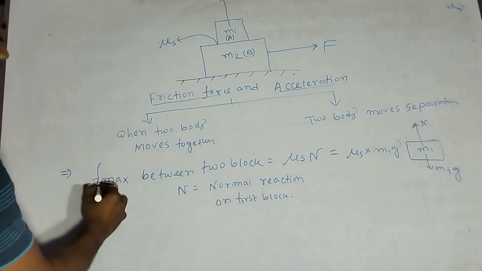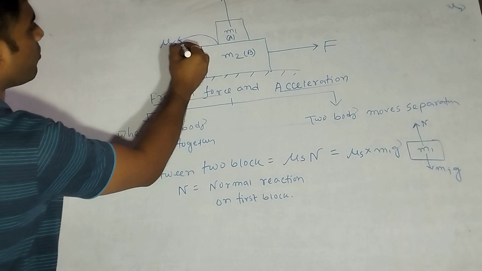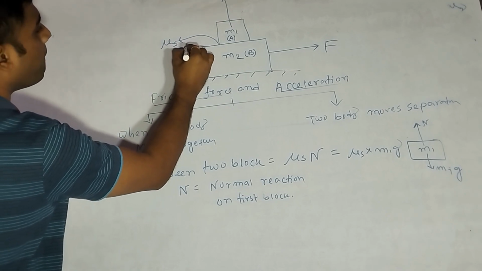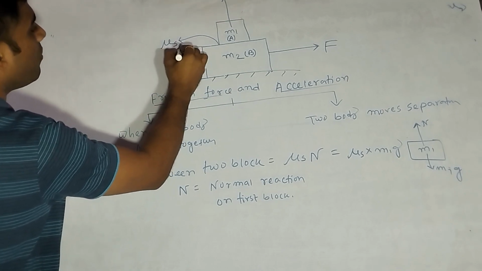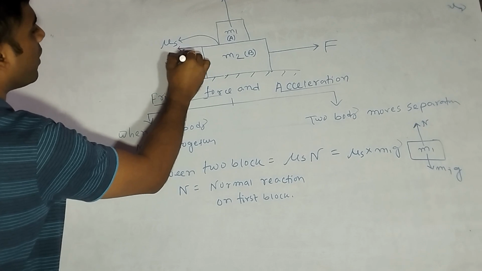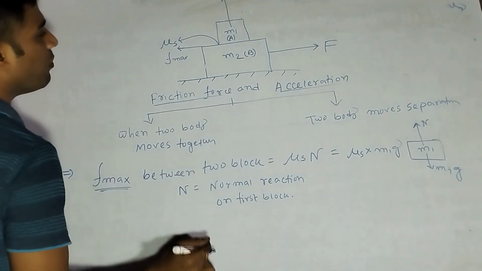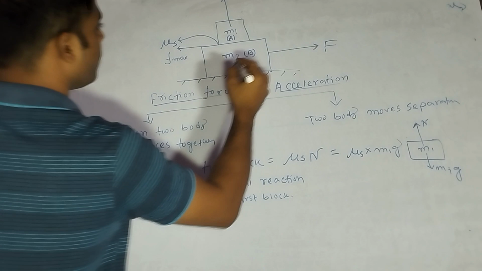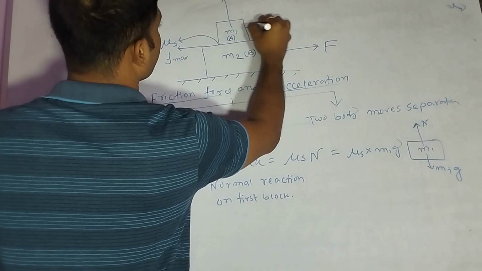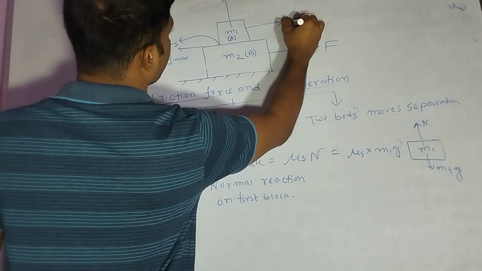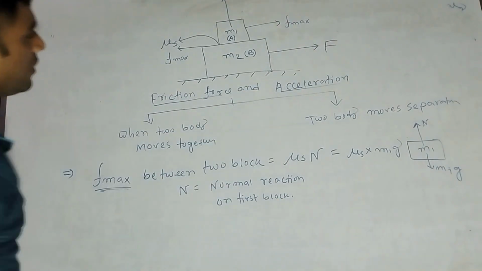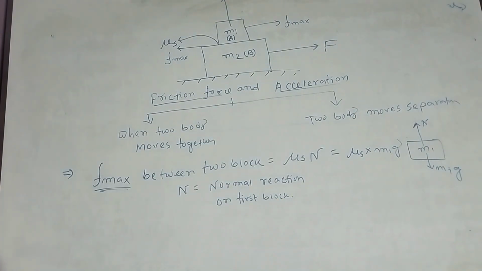This is the maximum friction force, formed in this direction with value mu s into m1g, and F max is also applied in the opposite direction. This is the block on block diagram.